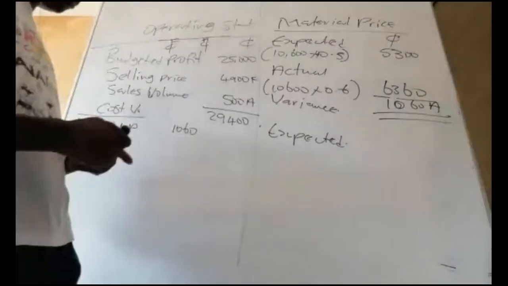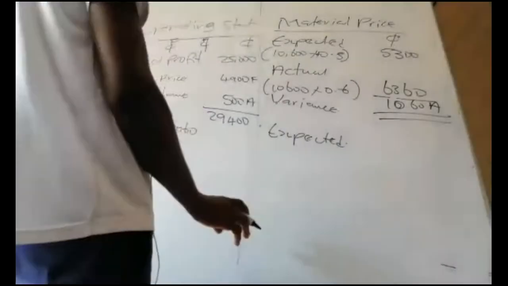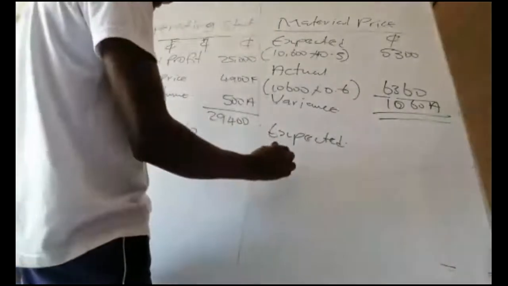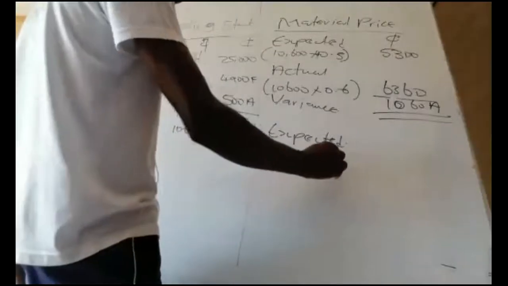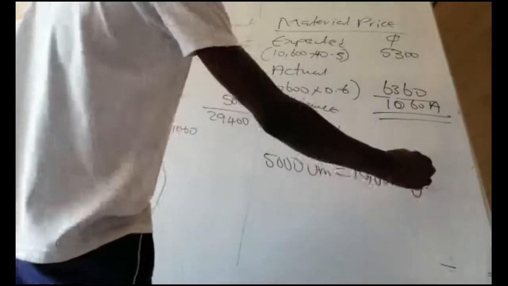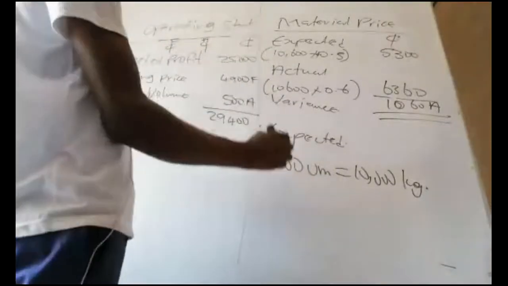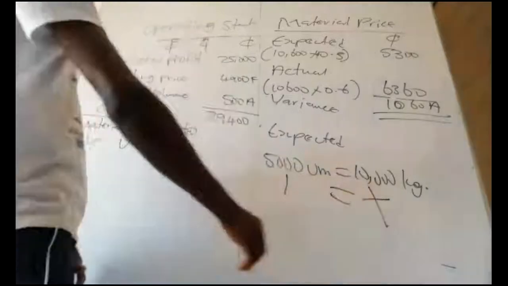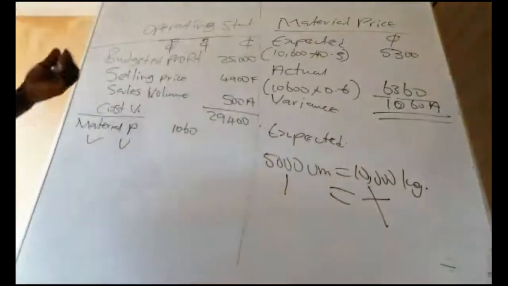If 5,000 units need 10,000 kg, then 1 unit will be equal to what? X.